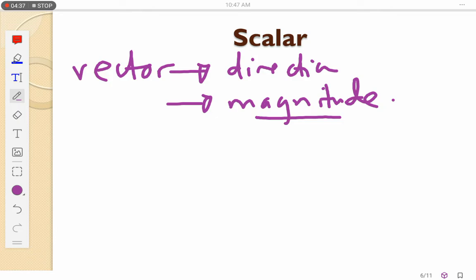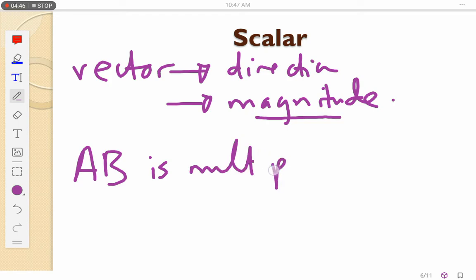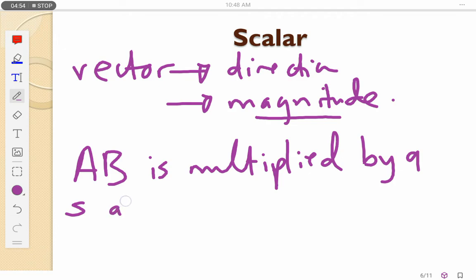Let's say a vector AB is multiplied by a scalar K. Okay, we say any number.